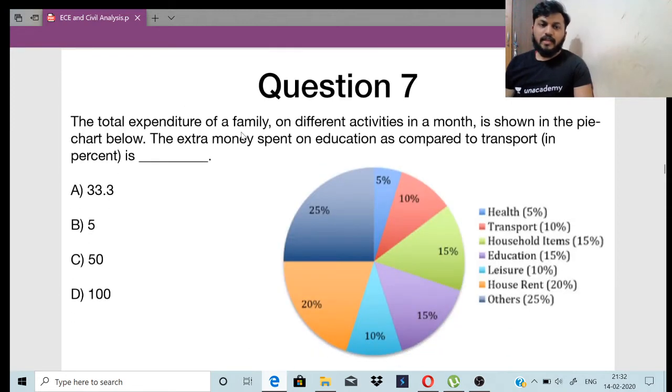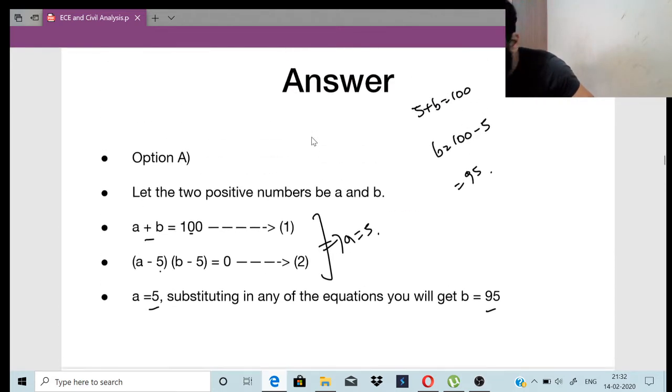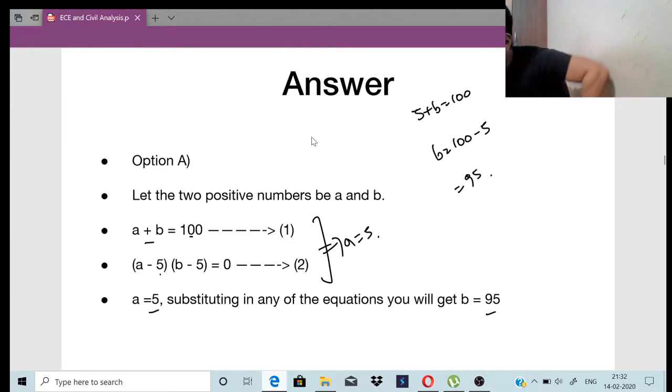Chalo. Yes, the total expenditure of a family on what? Last wala? Okay. Which one, Soumya? This one, A minus 5 into B minus 5.